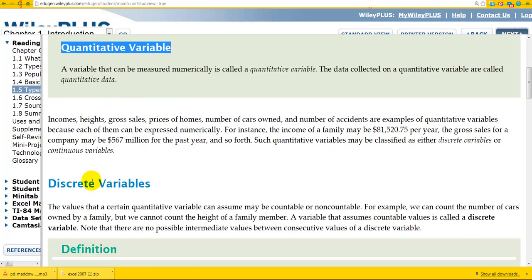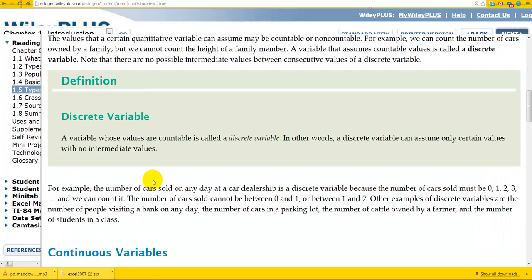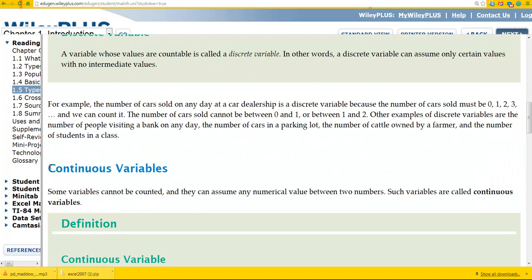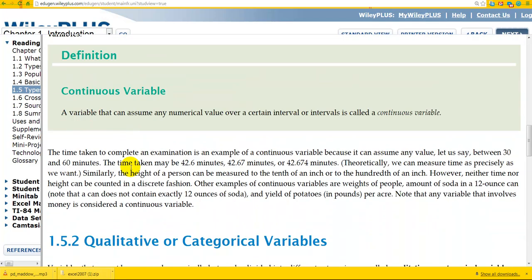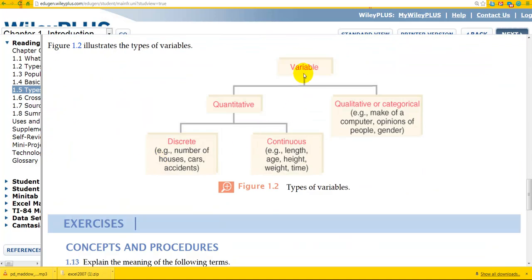We have discrete quantitative variables and what are called continuous, and we'll see what that means in a minute. It's not complicated. And then we have another type of variable called qualitative variables. So let's look at this picture because this shows you. We have variables in general, and we have two types, quantitative and qualitative.